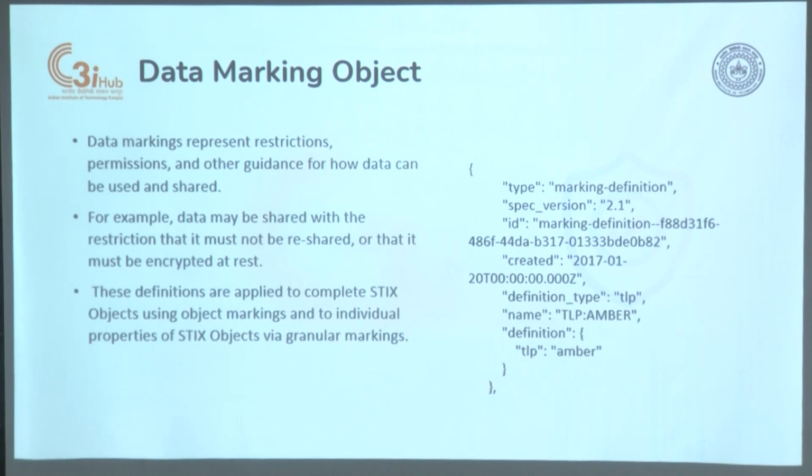There is a protocol called TLP, the traffic light protocol. If it is red, then it is highly confidential, you cannot forward it at all. If amber, then within your organization you can forward, and if it is green, then you can forward to anybody outside also.